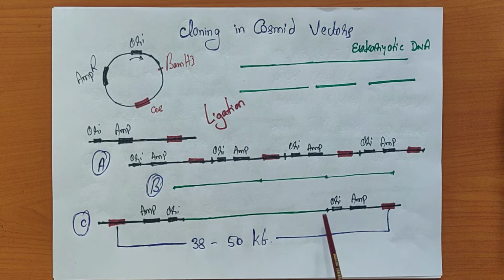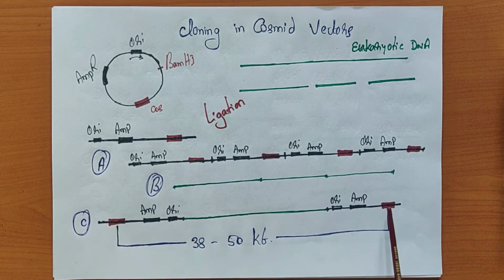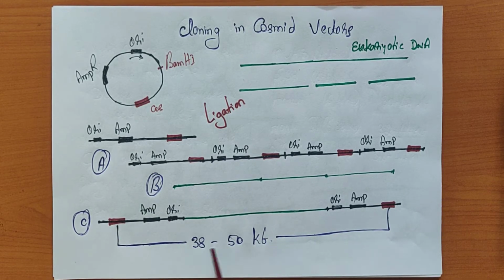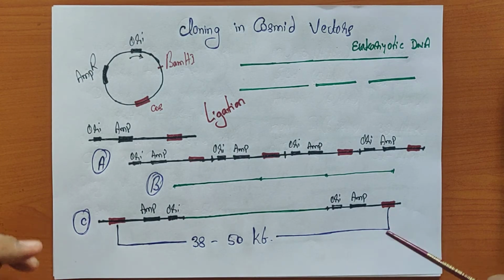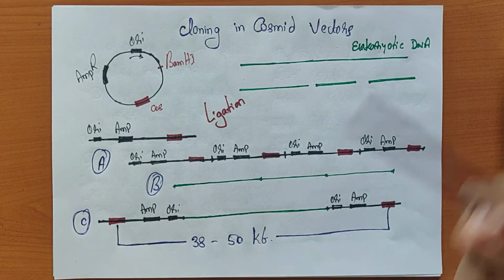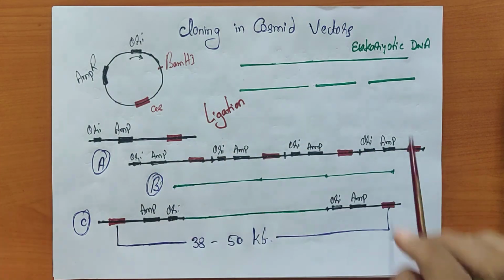In between is the DNA of our choice. The distance between these two cos sites falls between 38 to 50 kilobase. This is the species required for in vitro packaging and subsequent infection. So these are the various steps.